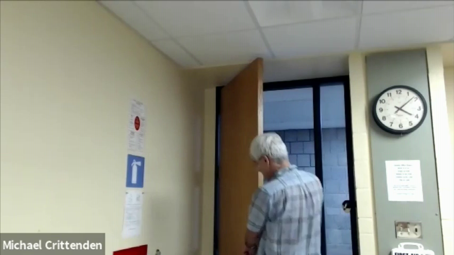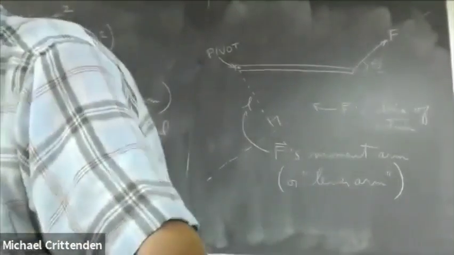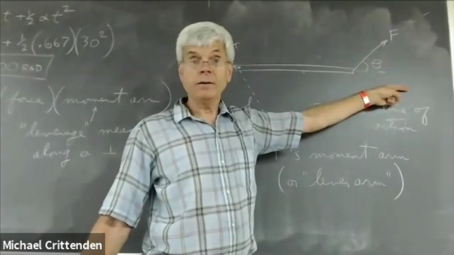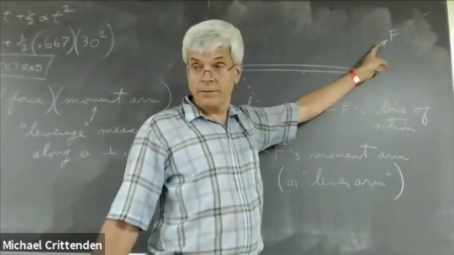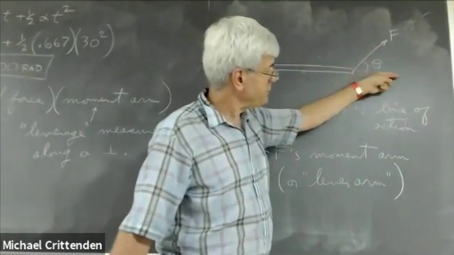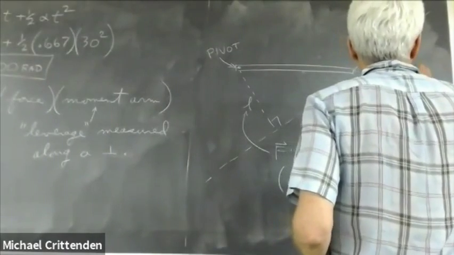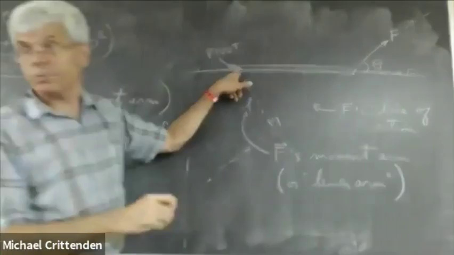Notice, no matter how hard I pull on this door, if I'm pulling it this way, it didn't make the door turn, okay? No matter how big the force, if the force acts in this direction, its line of action goes right through the pivot point.